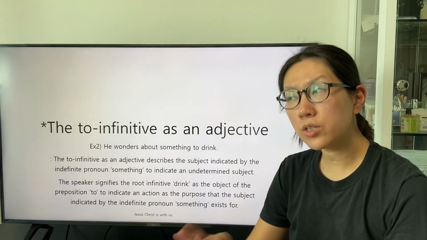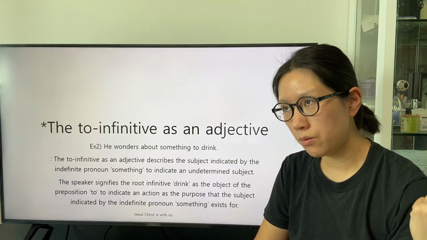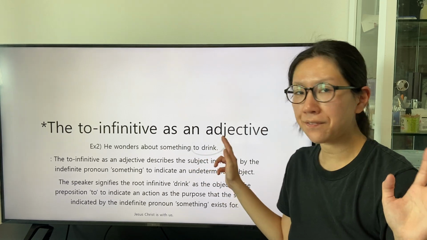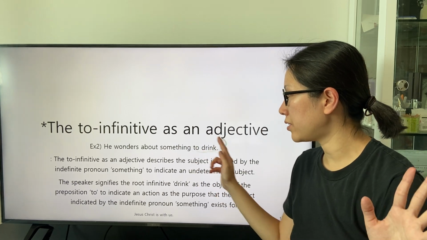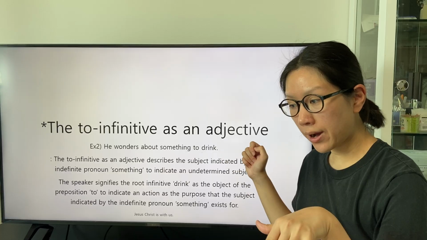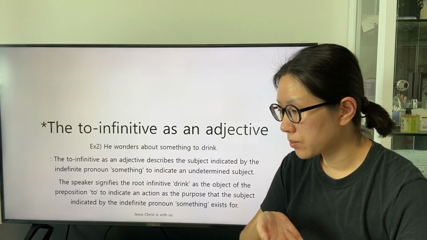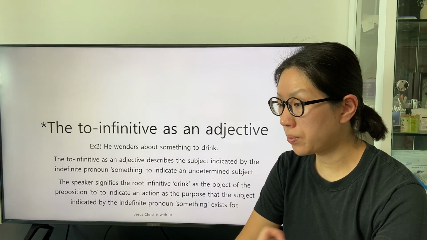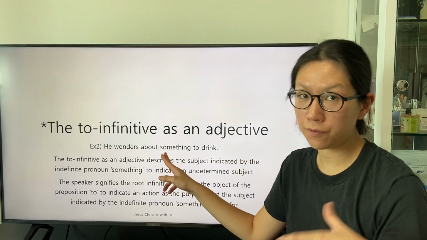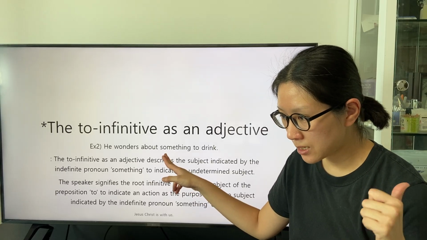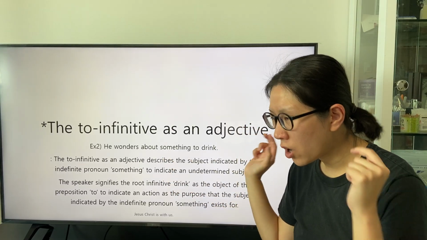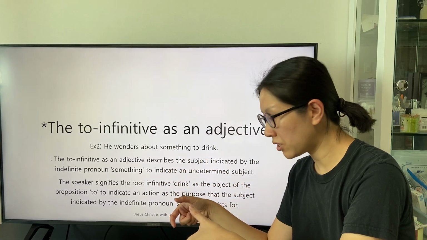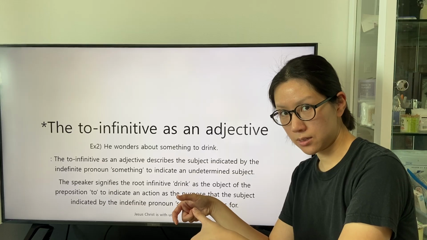So we can also think of this. The descriptive phrase, that is the to infinitive, to drink, describes the present condition of the subject, of course, and the content of the condition is the purpose to be actualized later than the present.